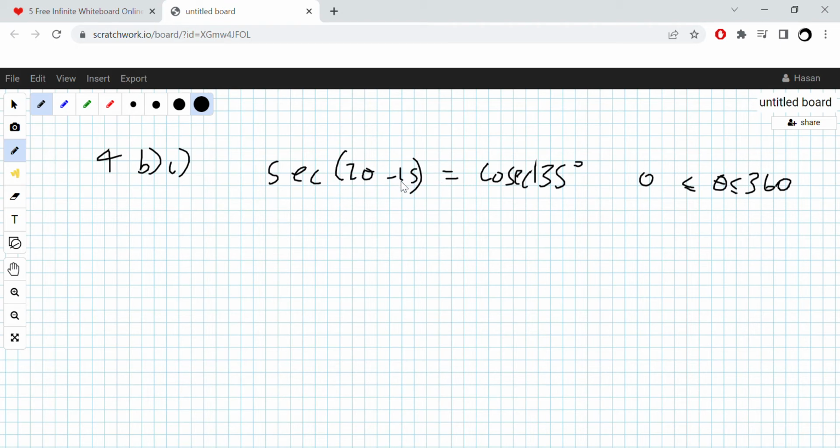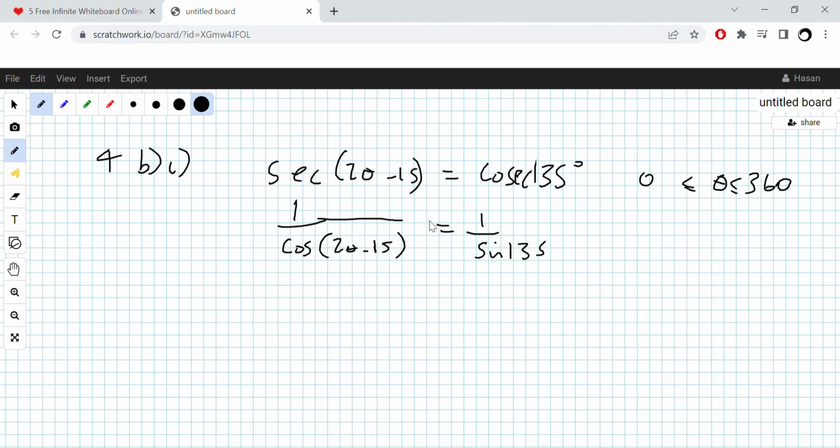We know using our identities that sec θ equals 1 over cos and cosec θ equals 1 over sine. So we can rewrite this as 1 over cos(2θ − 15) equals 1 over sine 135.